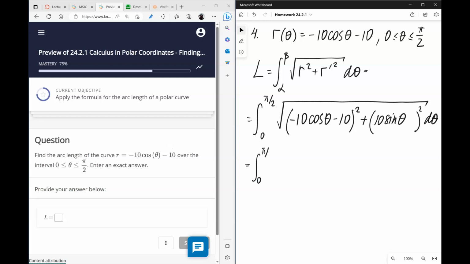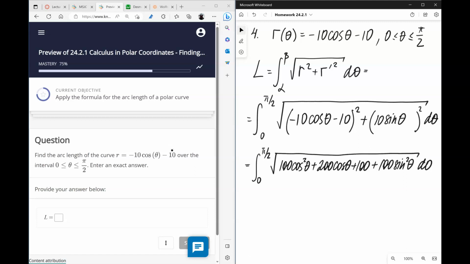Now we're going to simplify this. So we have 100 cosine squared theta plus, what is it, 200 cosine theta plus 100 plus 100 sine squared theta d theta.